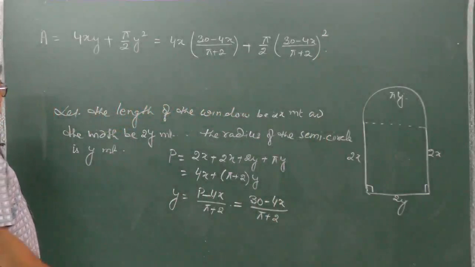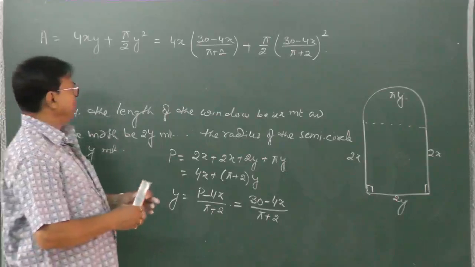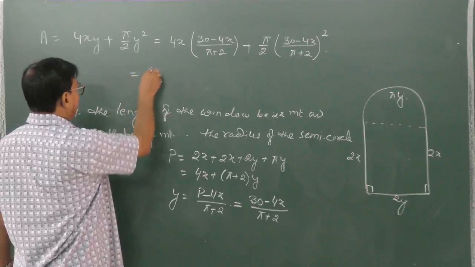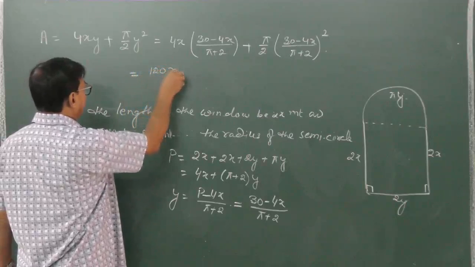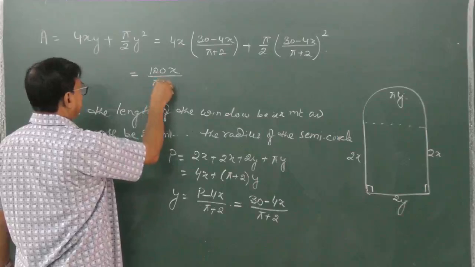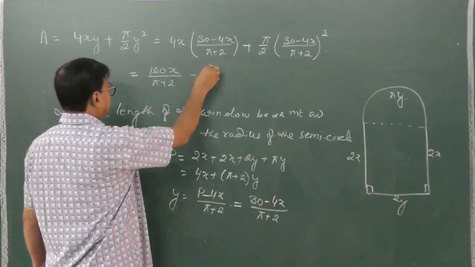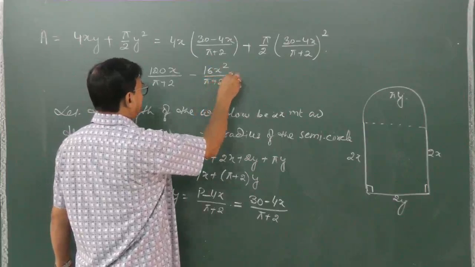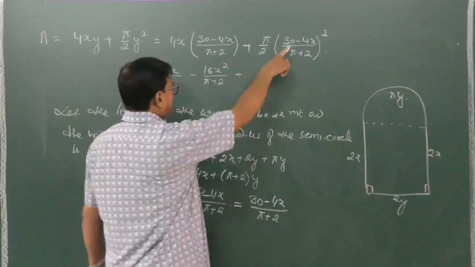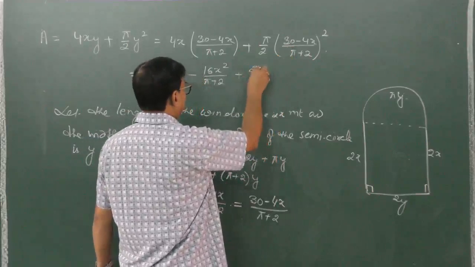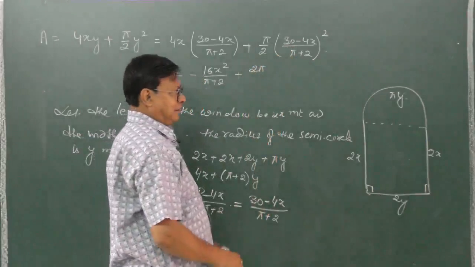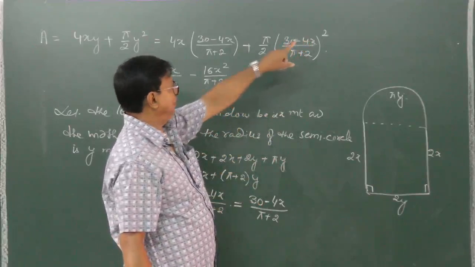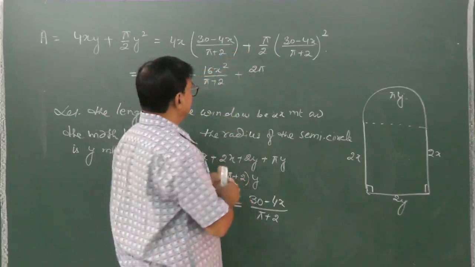So that's the area. You can simplify a bit for the sake of differentiation to be made easy. This is 120x by pi plus 2 minus 16x square by pi plus 2 plus, I can take 2 common from here, so that will be 2 pi. I have taken 2 common from here, that is a square, so 4 comes out, so this 2 cancels.